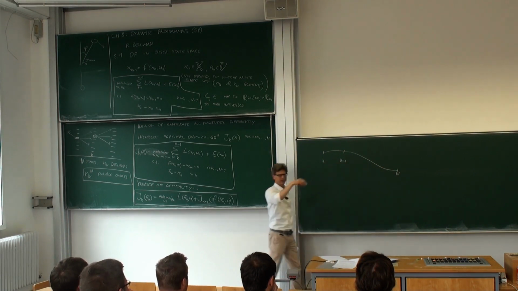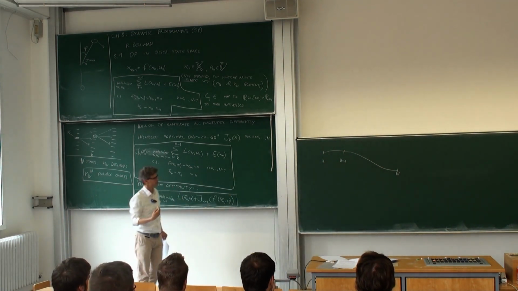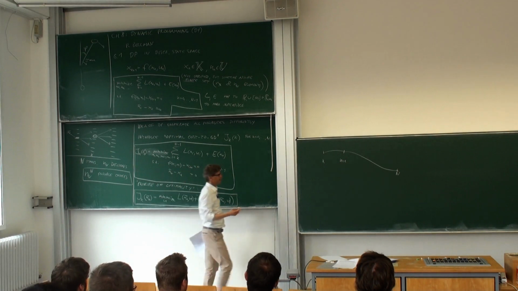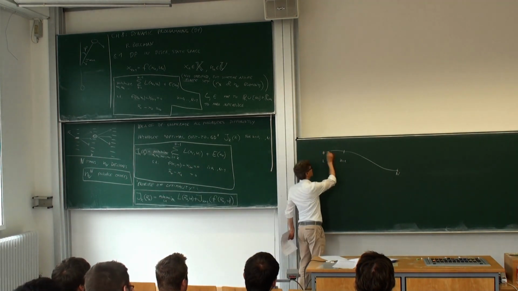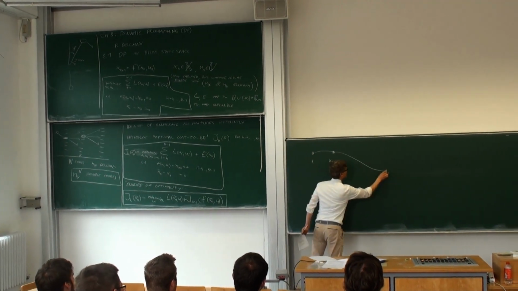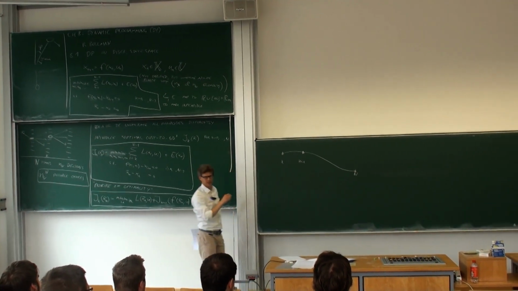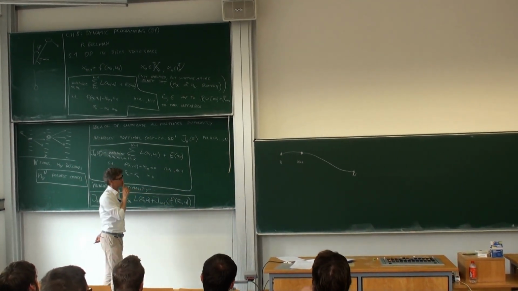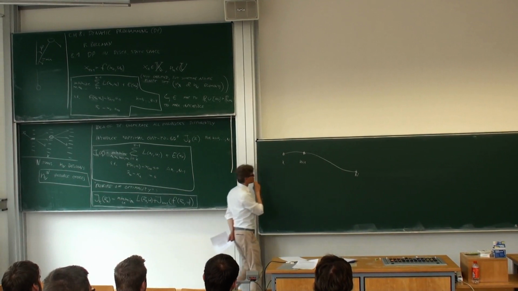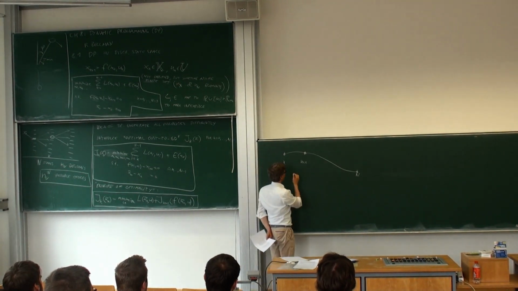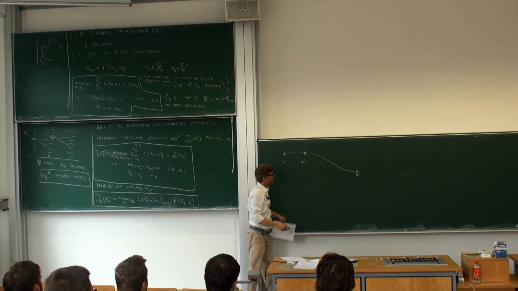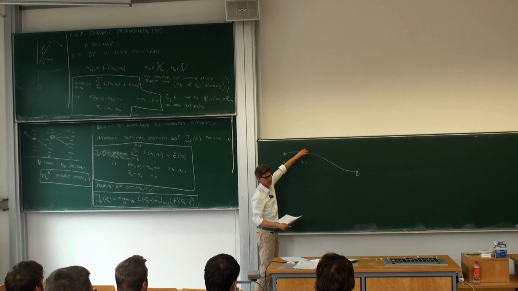I draw it as if it were continuous time, but of course it's discrete time. So imagine you would be on the optimal trajectory starting at this point.